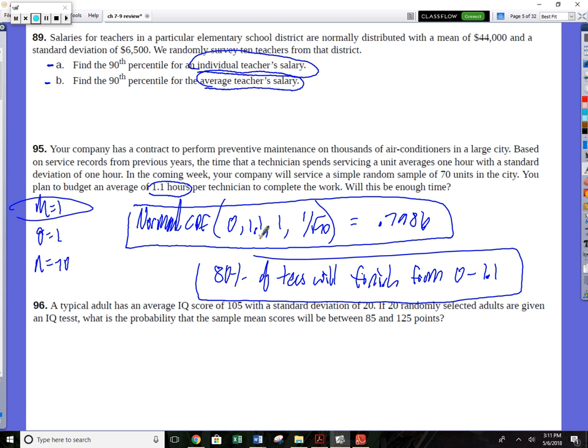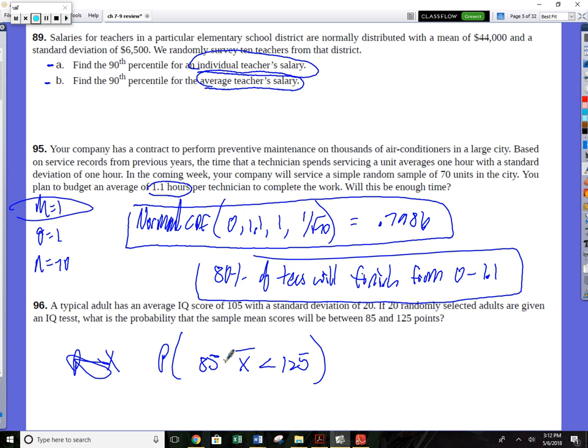Okay, last one. 96. Typical adult has an average IQ of 105, standard deviation of 20. If 20 randomly selected adults are given an IQ test, what is the chance that the sample mean will be between 85 and 125?